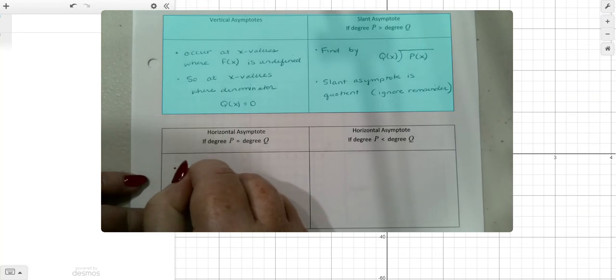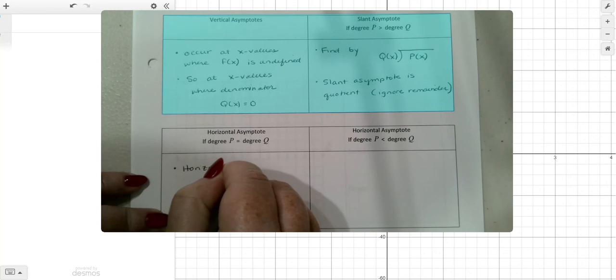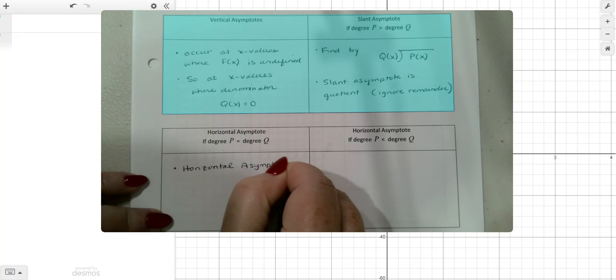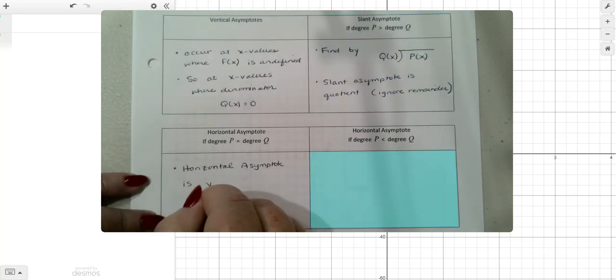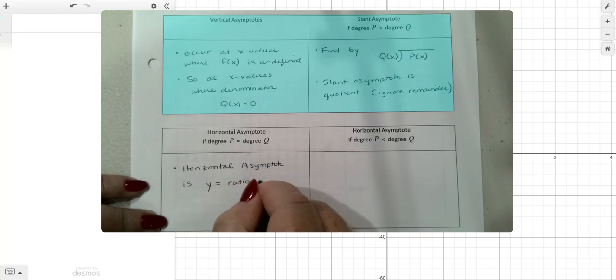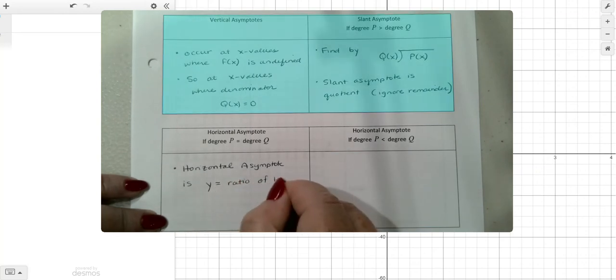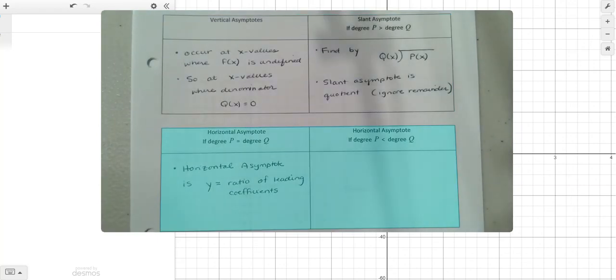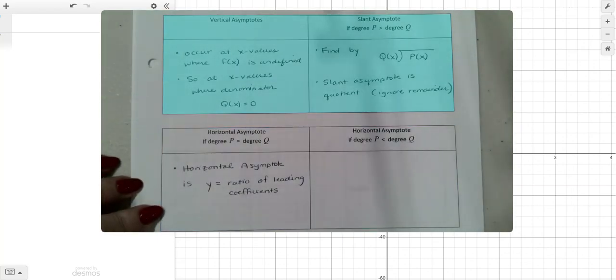So our horizontal asymptote is y equals the ratio of the leading coefficients. We'll look at examples of that. If you're not quite sure what that means yet, I think it will become a little bit more clear with an example.